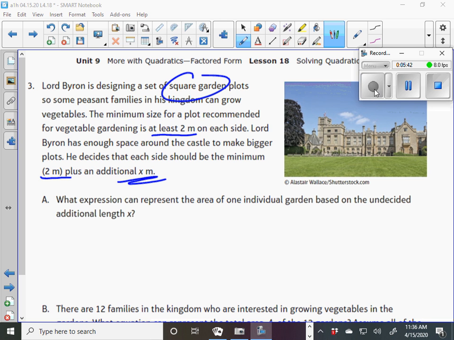What expression can represent the area of one individual garden based on the undecided additional length x? Well, area is equal to x plus 2, or 2 plus x, and that's squared, whatever that's going to be.